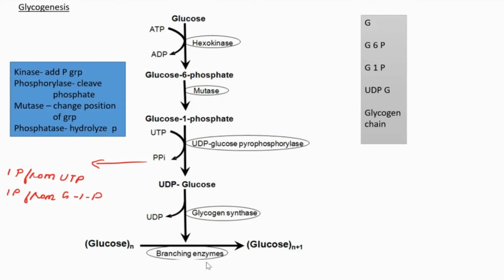It uses an alpha 1,6 glycosidic linkage with the help of a branching enzyme. This is glycogenesis.